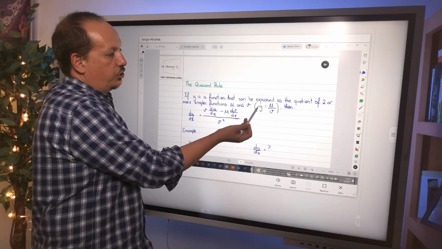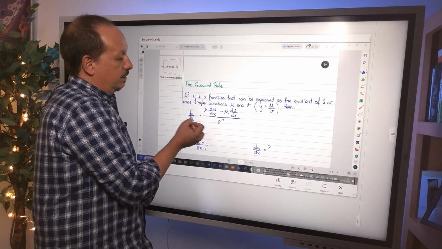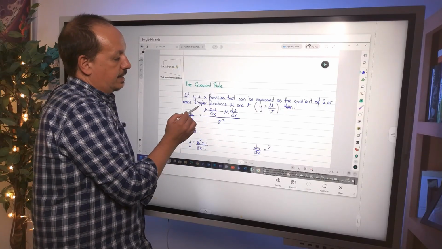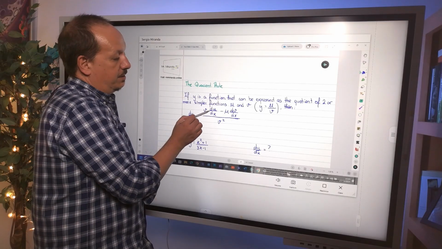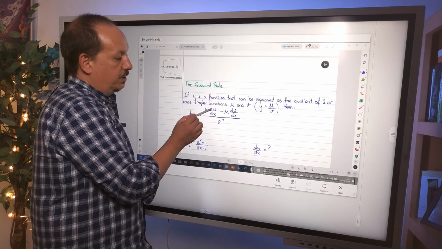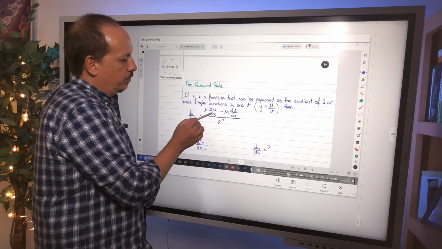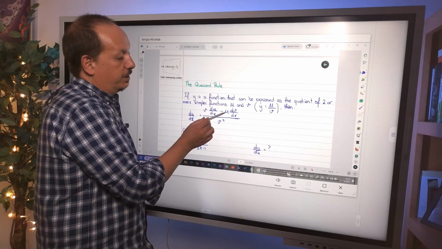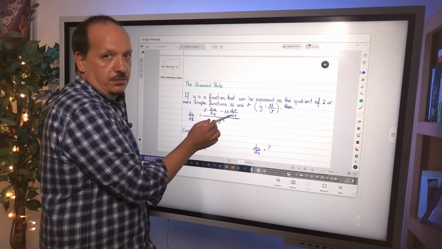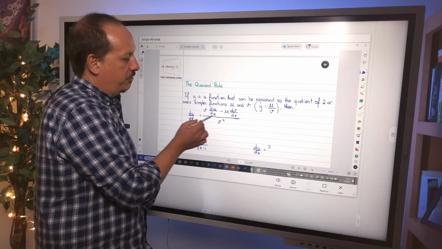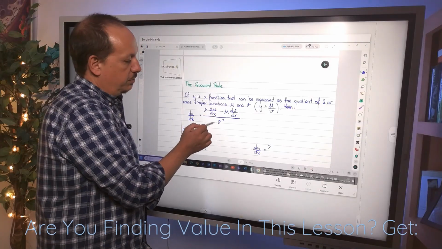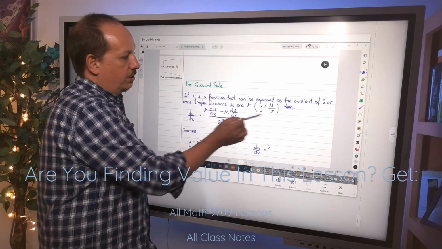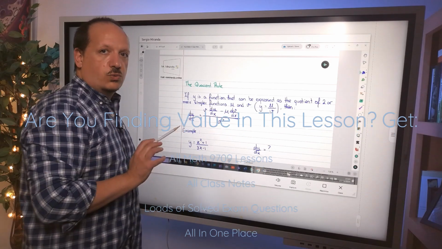If you want to differentiate the whole thing, then you apply this rule that says that the derivative of the whole thing is the denominator times the derivative of the numerator, minus the numerator times the derivative of the denominator, divided by the denominator squared. Here you don't differentiate anything, you just write whatever you have there, squared.